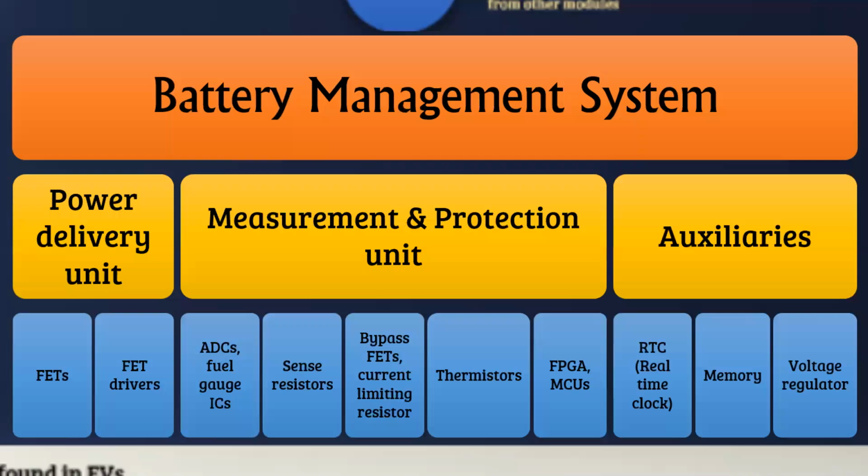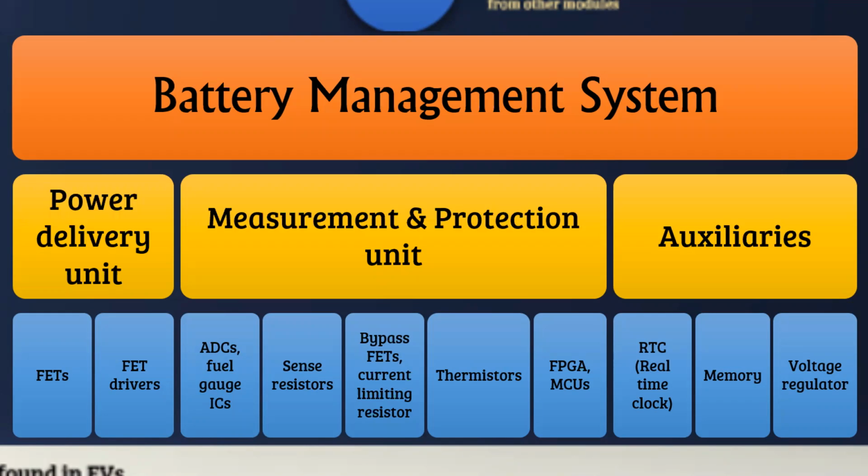Now the different components which are used in these different blocks. In the power delivery unit, we have FETs, which are field effect transistors, and their drivers. Since they have a gate, we have to drive those, and that is done by the power delivery unit.